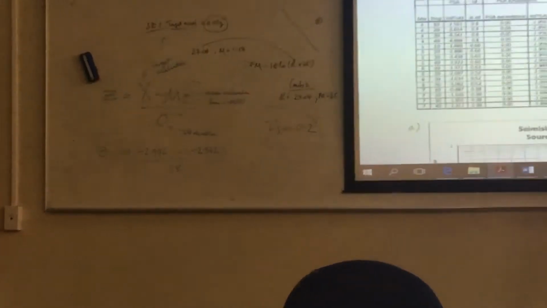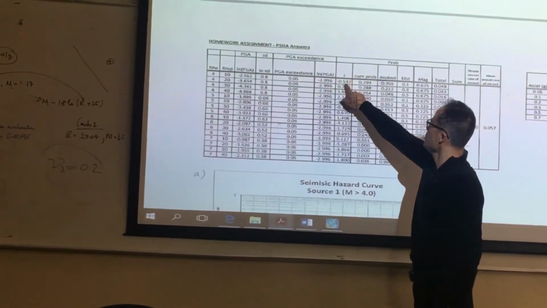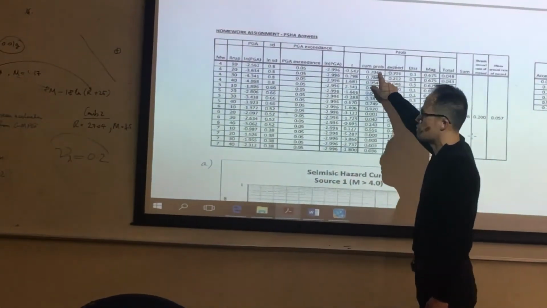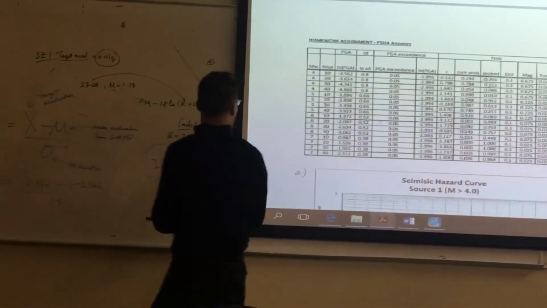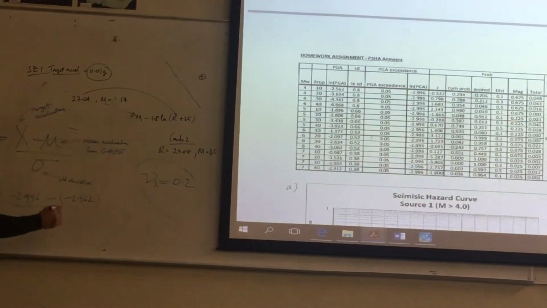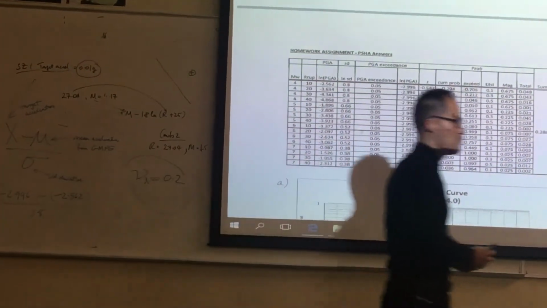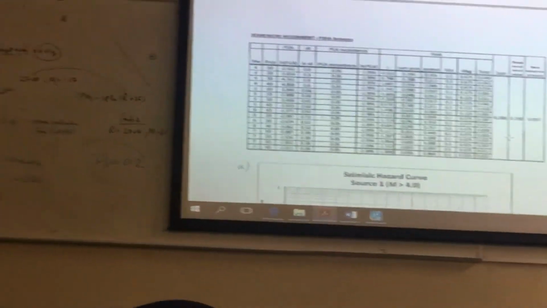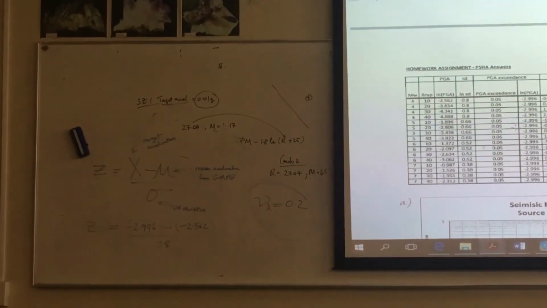Okay, once I've got that Z value, I want to calculate the cumulative probability, right? So remember, you could do it using those charts. Remember the charts that we've got?